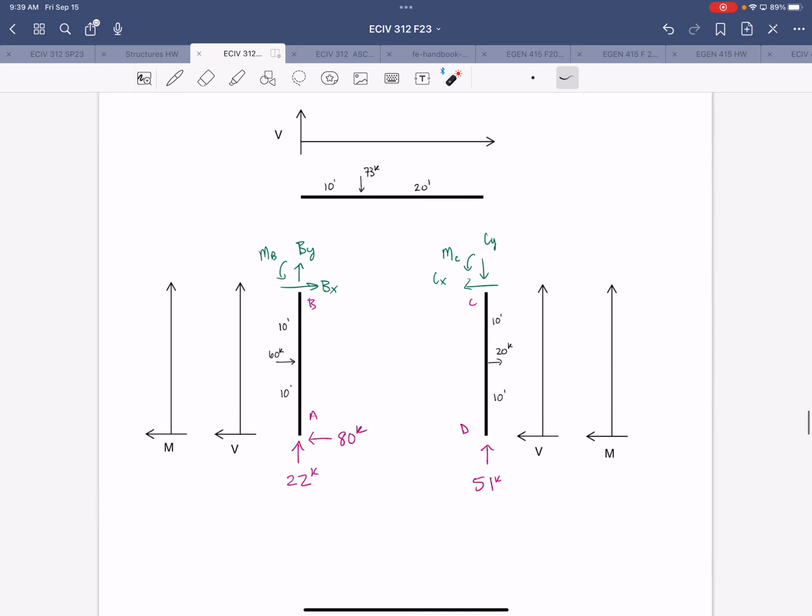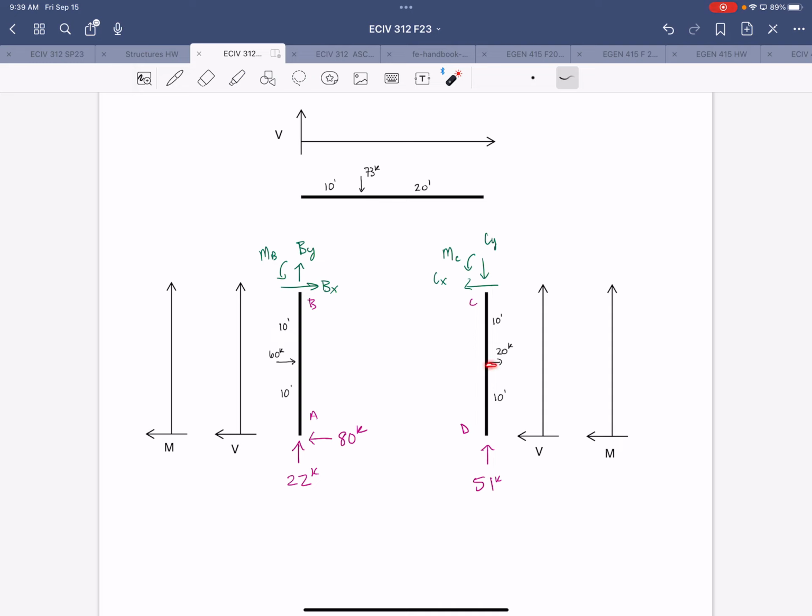Now what I did here is, at joint B, I just assumed positive directions for all the unknowns. When we go through the math, the sign that we get will tell us whether that's correct or not. And then over here, I applied a little bit of intuition. So you know that the vertical reaction is upward. That means the force at CY has to be downward.